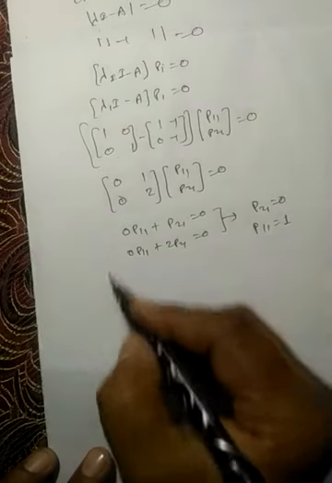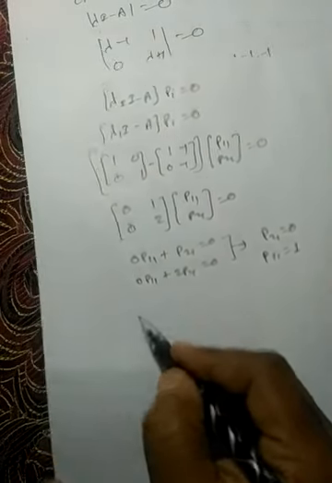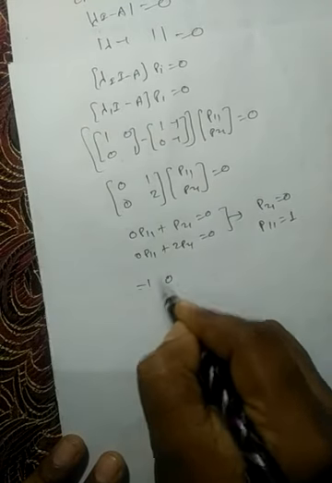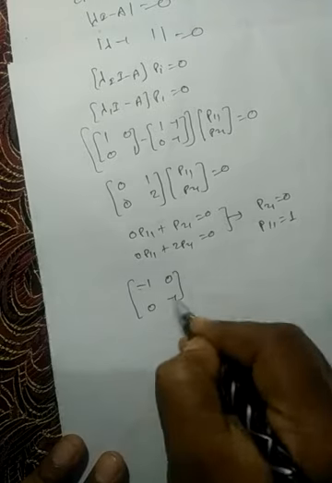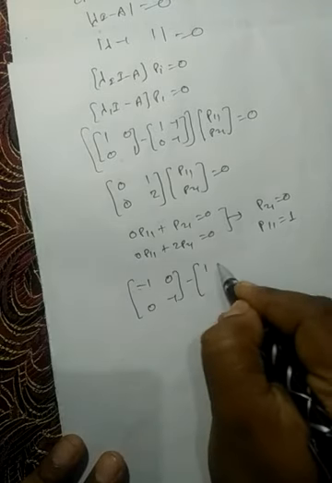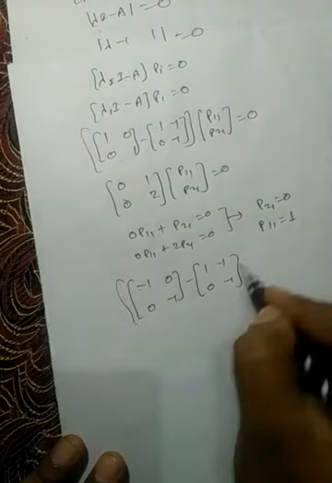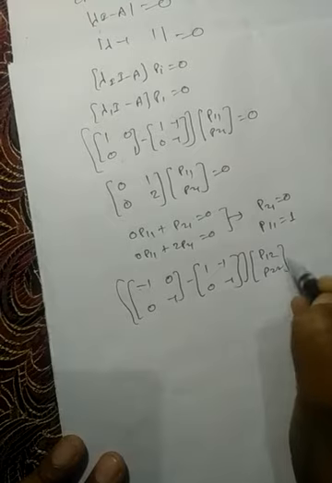Then for lambda 2 is minus 1. So this will become [-1, 0; 0, -1] minus [1, -1; 0, -1], and P2 is [P12; P22].